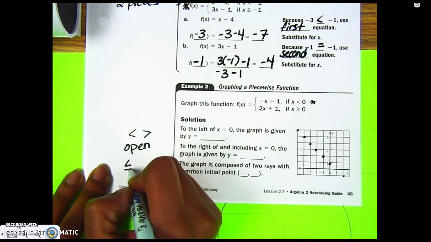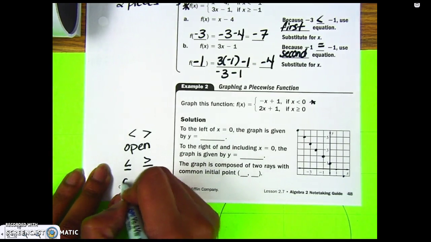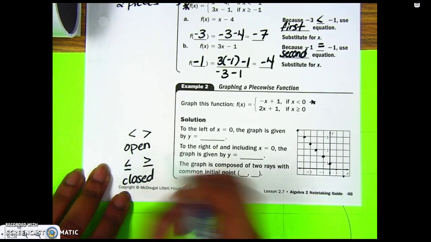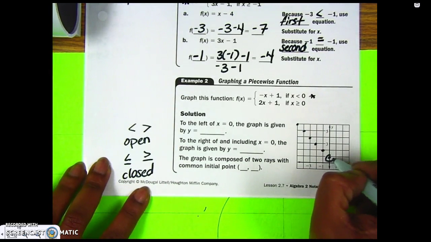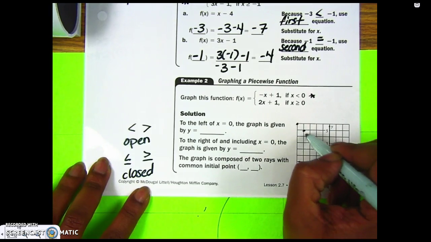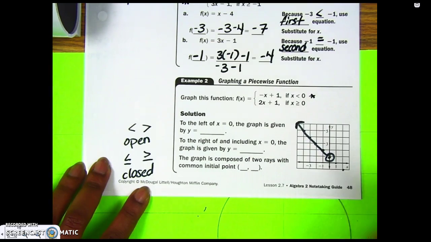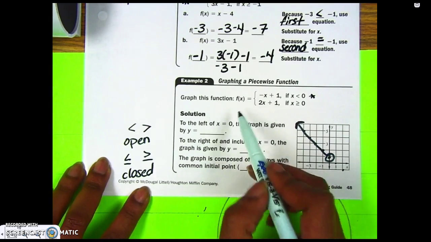And if it's less than or equal to or greater than or equal to, you're going to have a closed circle. So I'm going to draw an open circle right here, and then draw my line to the left.